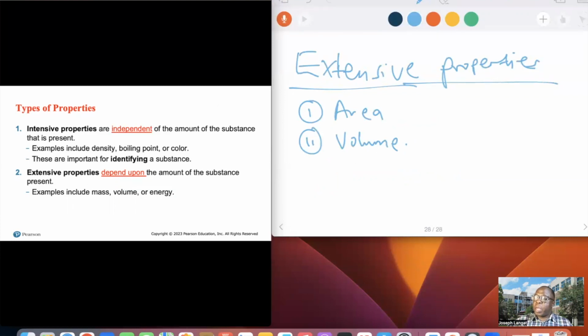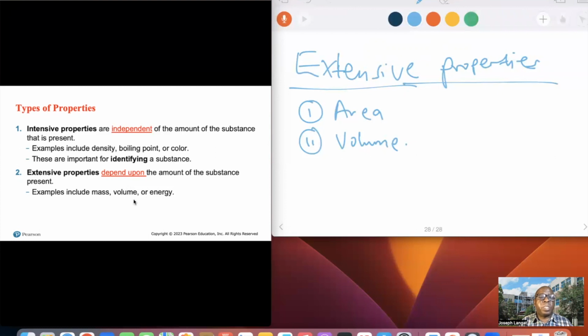I can find the area of this paper. You see the paper I'm holding. I can find the area by measuring the length and the width. And if I have a large piece of paper or a small piece of paper, it depends on the dimension. Therefore, area and likewise volume fall under extensive properties.